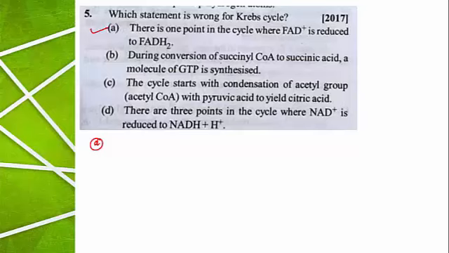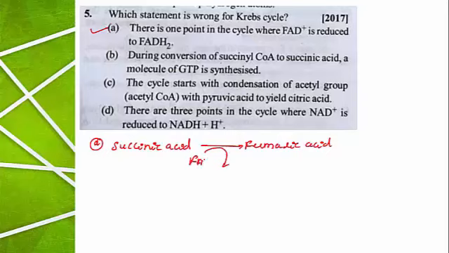This is the correct point, and it occurs when succinic acid is converted to fumaric acid. During the Krebs cycle, when succinic acid is converted into fumaric acid, at this point FAD+ is reduced to FADH2, and this is a correct statement.